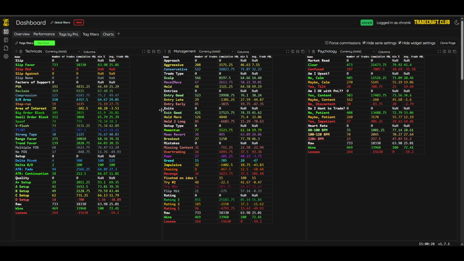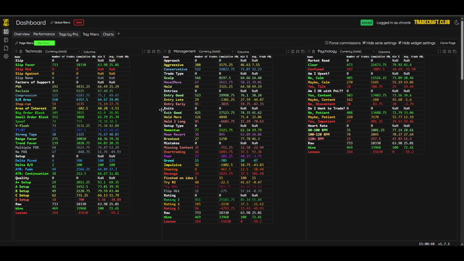So when I go against a shim, like when I go against a reclaim, if I go with a reclaim, my average MAE is way smaller. Actually, let's remove everything except for outliers.